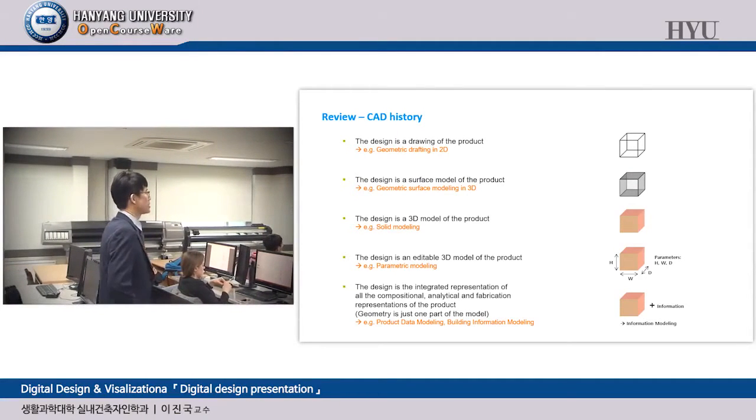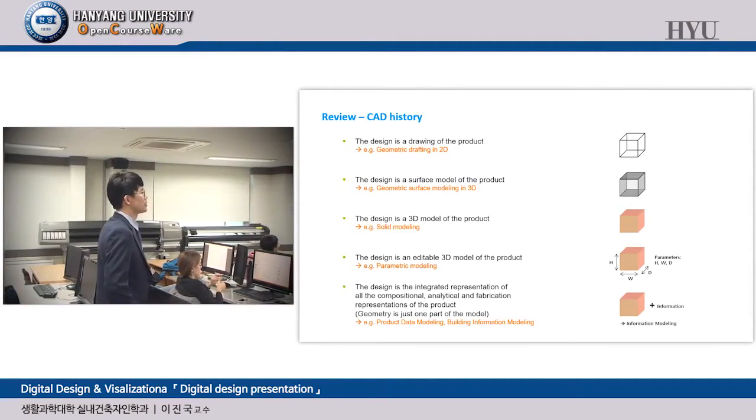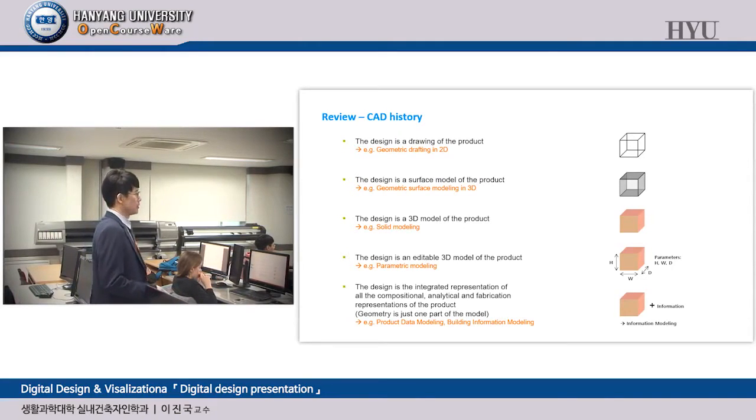The first one is that the design is a drawing of the product, for example, geometric drafting in 2D. The second stage, the design is a surface model of the product. Third, solid model. Fourth one, parametric model. The last one is building information model. So where we are, as I introduced you before, we are in the second stage.